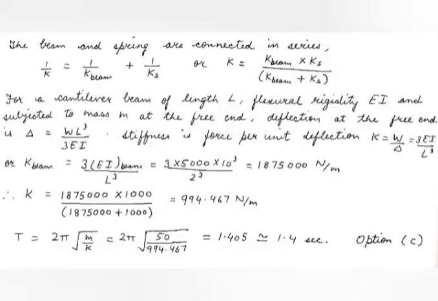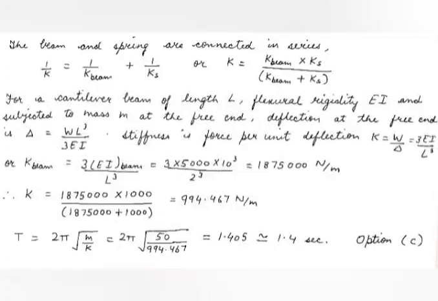For a cantilever beam of length L, flexural rigidity EI, and subjected to mass M at the free end, the deflection at the free end will be delta equal to WL cube upon 3 EI, where W is the weight equal to mg. G is the acceleration due to gravity.